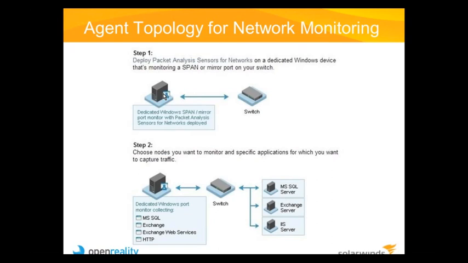That information is then encapsulated and secured with 2048-bit encryption and sent back to the SolarWinds Orion server. And of course, in a distributed environment, if you wanted to deploy multiple agents to cover different parts of your site, that can be done very easily.